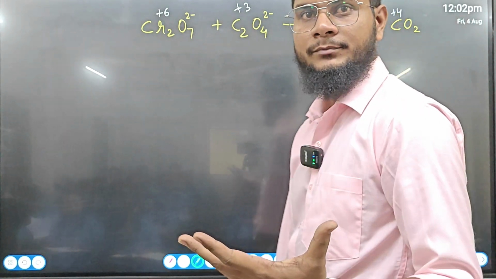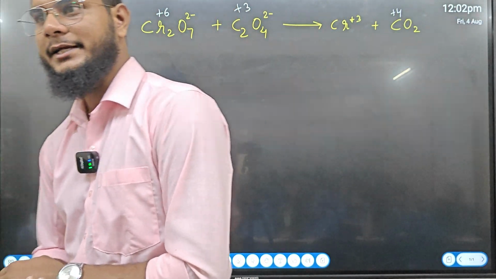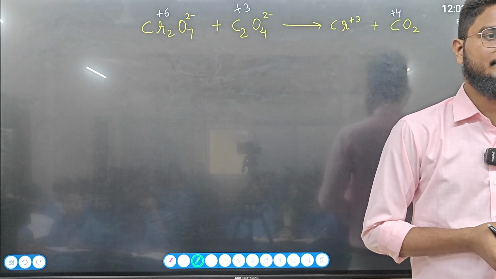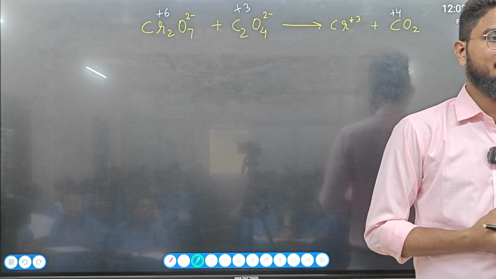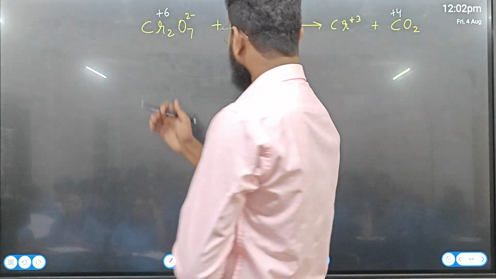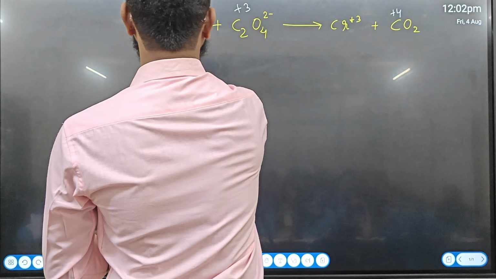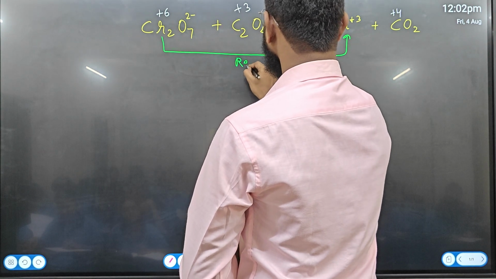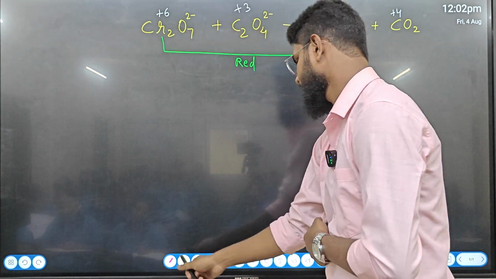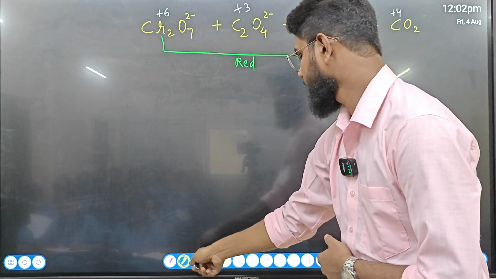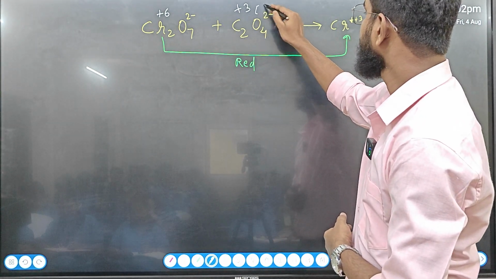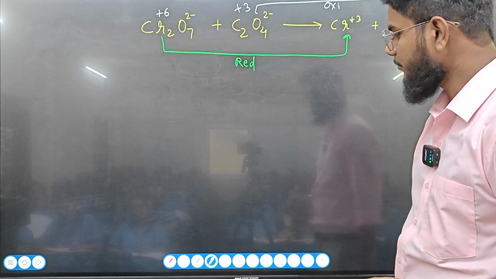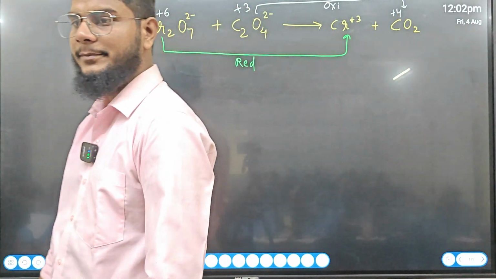Next, what you need to do? Separate the reaction. What is the next process? Tell me loudly. You have to write. So what is happening here? Reduction, right? And here, what happened? Oxidation. Next, you need to separate the reaction.